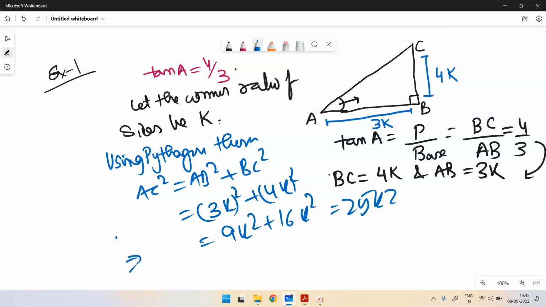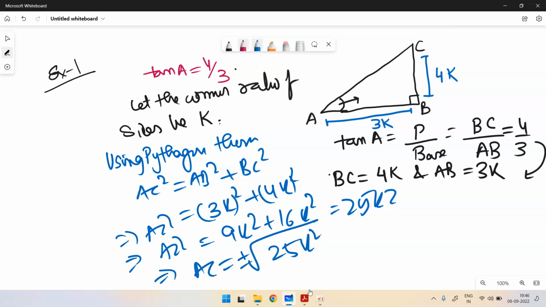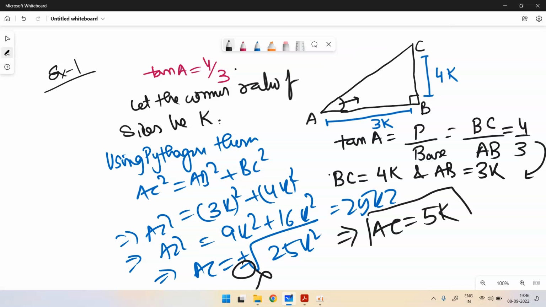And this is my AC square, which implies AC is the square root of 25k square. This is plus minus, but since negative is not possible because a side is always positive, AC equals 5k.